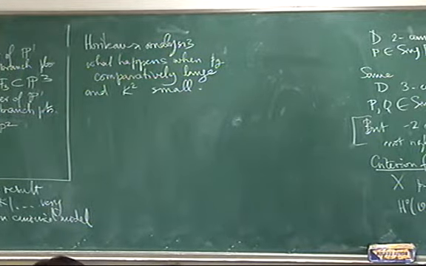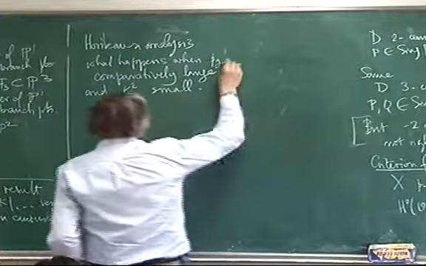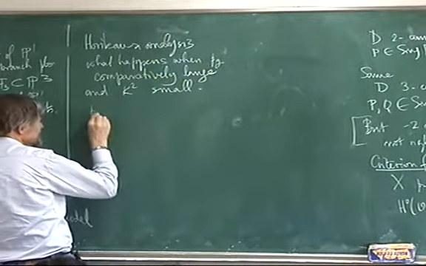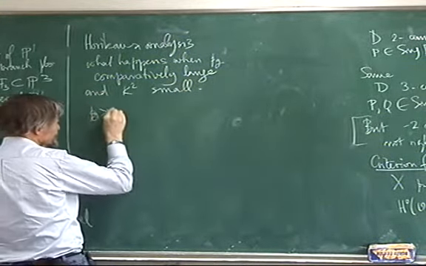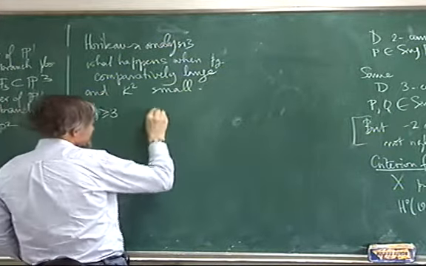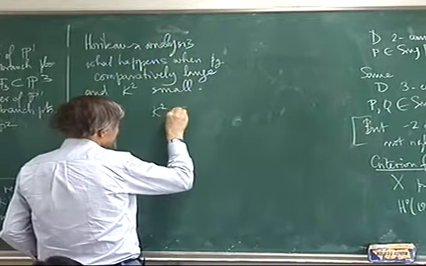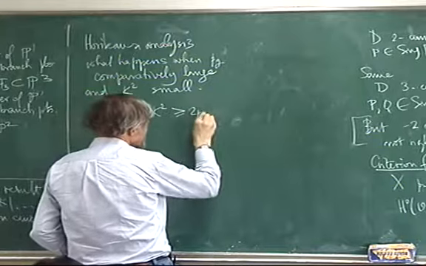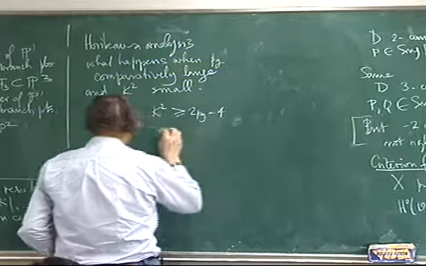Especially I want to say, if PG is greater than or equal to 3, then K squared is greater than or equal to 2PG minus 4. This is a theorem.